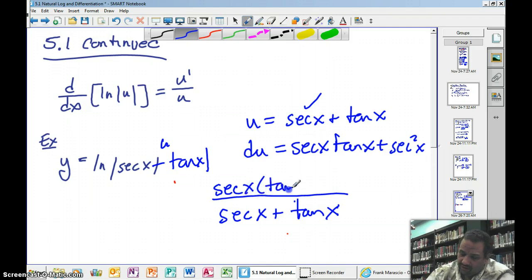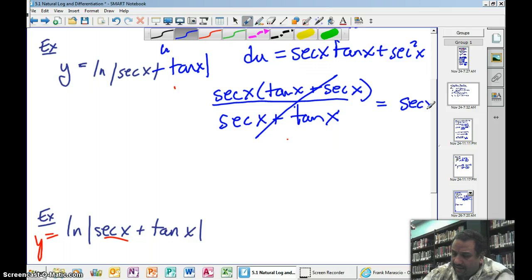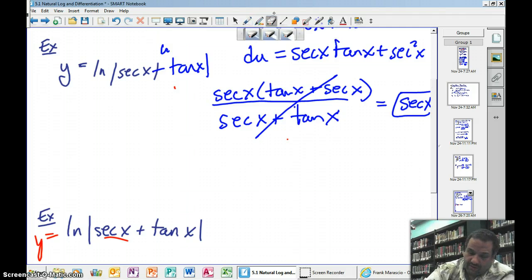Then I'll have tangent x plus secant x, because I'll factor a secant from each one. So I'm going to get these going out, and I'm going to be left with secant of x. There it is. Secant of x. Not too bad. I just did this problem. So let's bag this one.